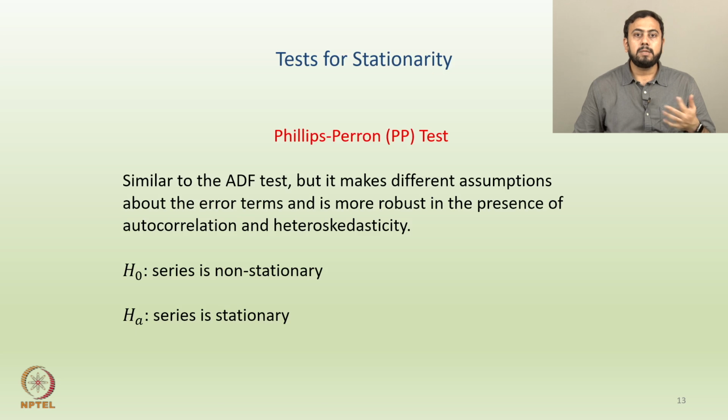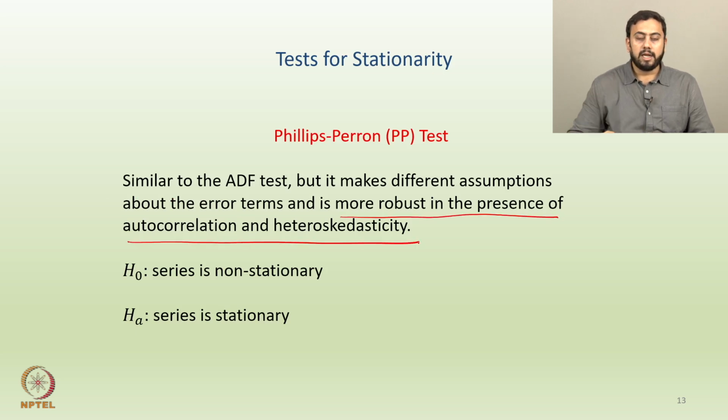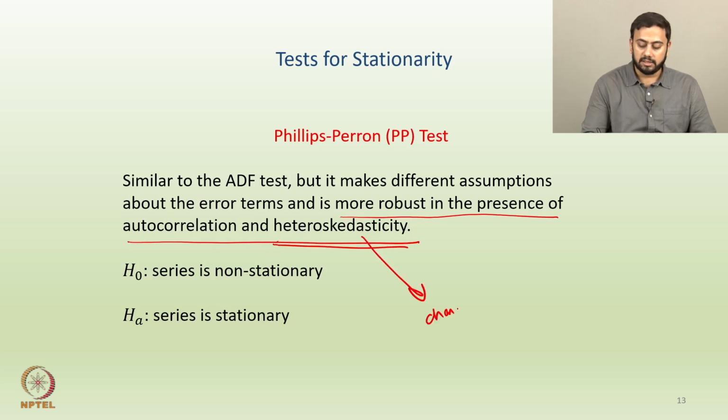Then the next one is the Phillips-Perron test or PP test. This is similar to the ADF test, but it makes different assumptions about the error terms and is more robust in the presence of autocorrelation and heteroscedasticity. Heteroscedasticity means nothing but changing variance. This is the technical time series terminology for changing variance.